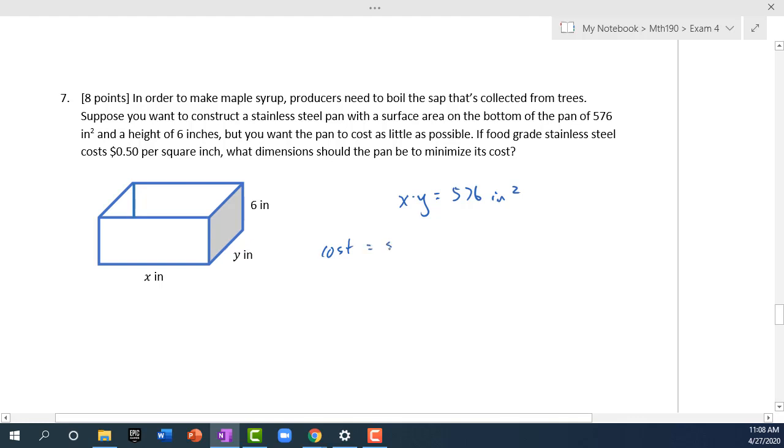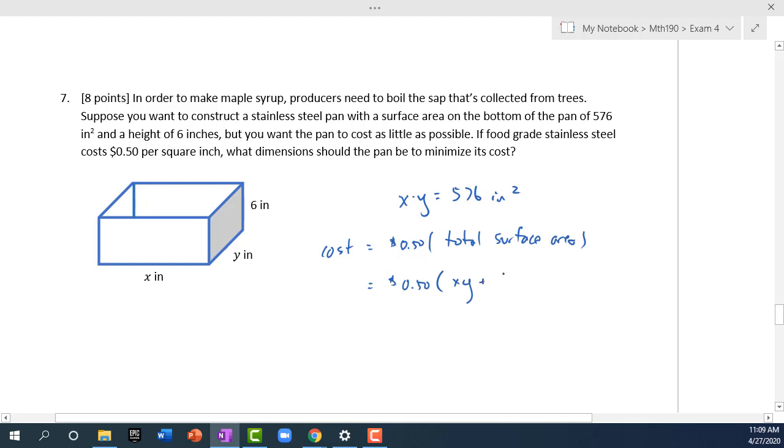So cost is 50 cents times the total surface area. So that's 50 cents times, we have xy on the bottom.